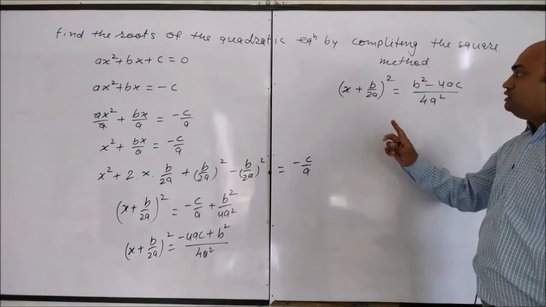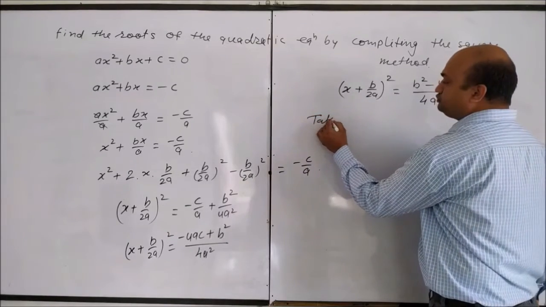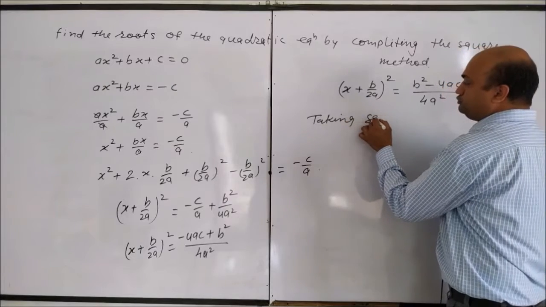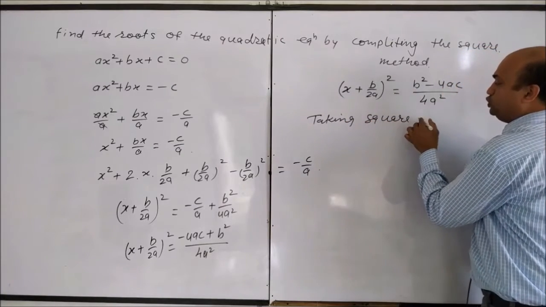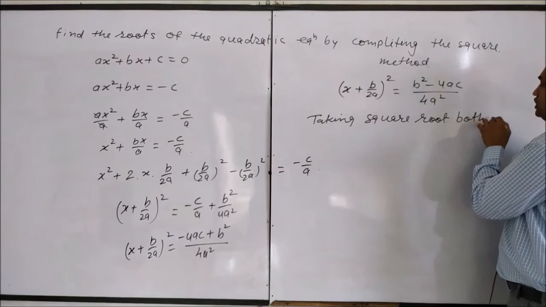What we do now? Take the square root on both sides.